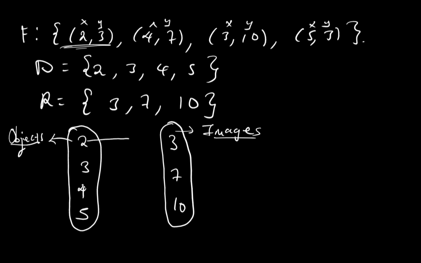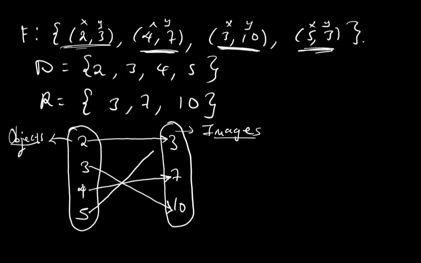So 2 is being mapped onto 3. And the next one is saying 4 should be mapped on 7. Then again, we have 3 being mapped on 10. Then lastly, we have 5 being mapped on 3.